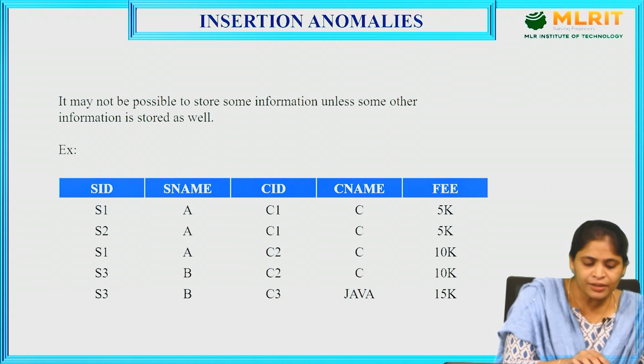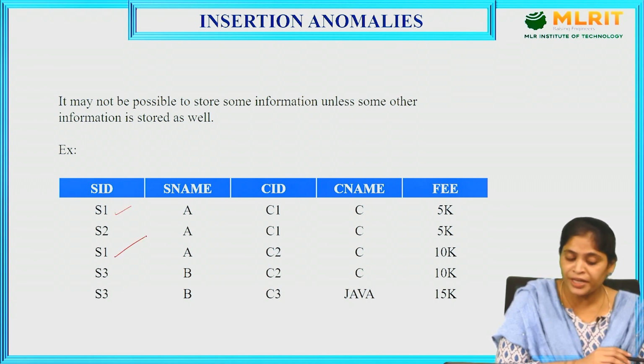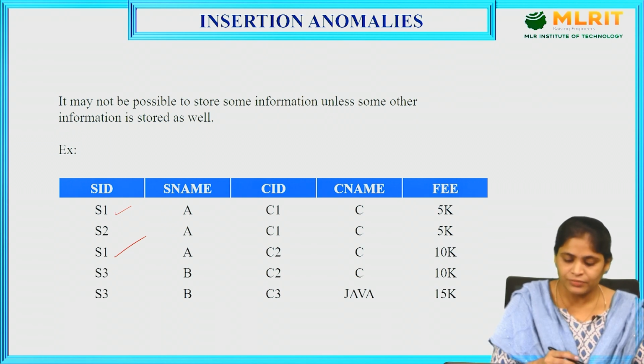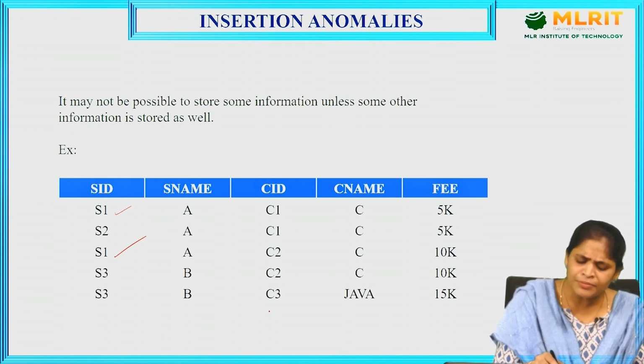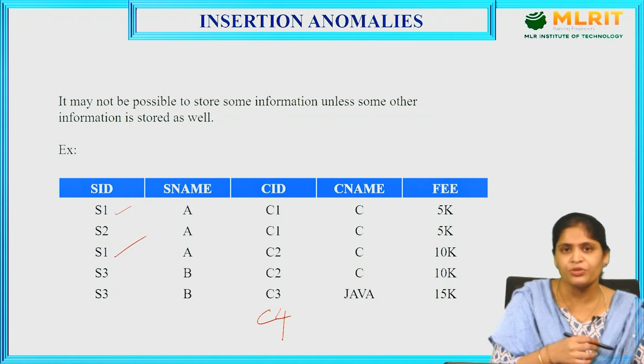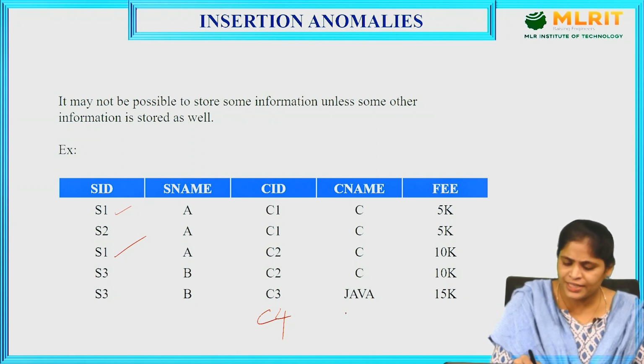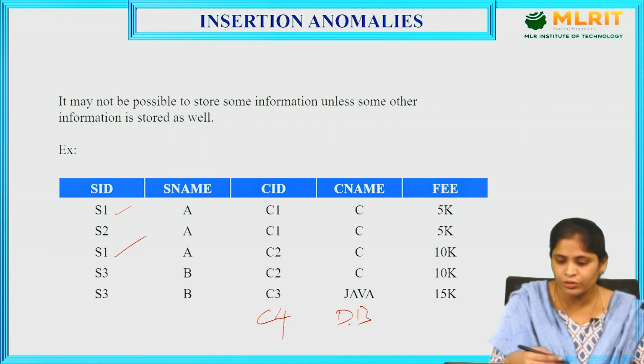So here this SID contains S1, S2 and S3. If I want to insert some other new course C4, for example Database, this is the subject I am going to insert in this row. 12K will be the fee.